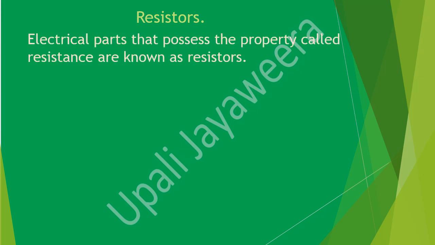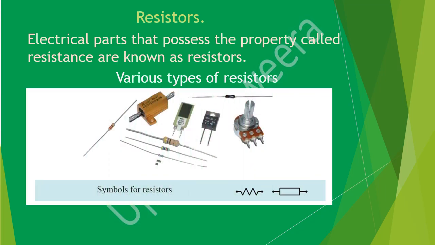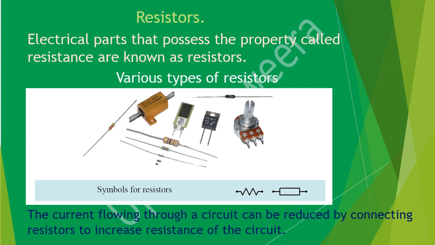Electrical parts that possess the property called resistance are known as resistors. Various types of resistors. You can identify different types of resistors in the market. Here are some. The current flowing through a circuit can be reduced by connecting resistors to increase the resistance of the circuit.